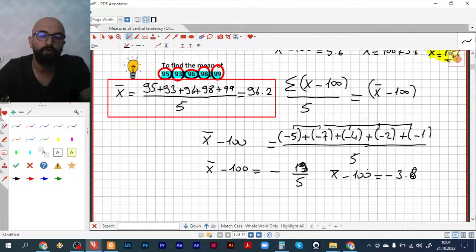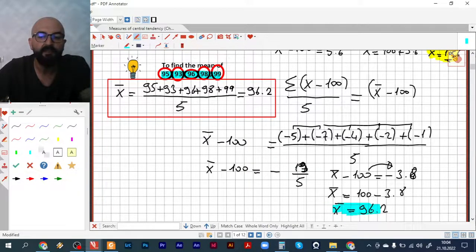If we carry the 100 to the other side of the equal sign, the mean is 100 minus 3.8, which is 96.2. Please notice that we found the same mean as before.